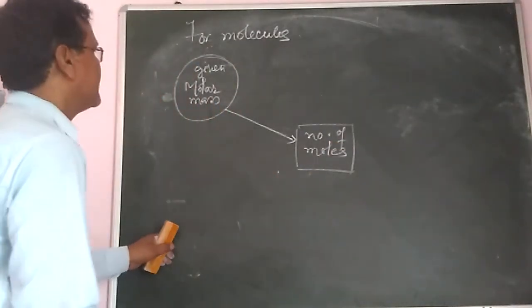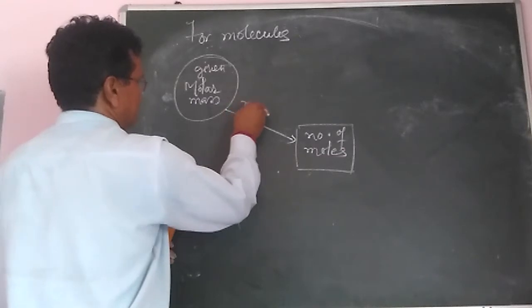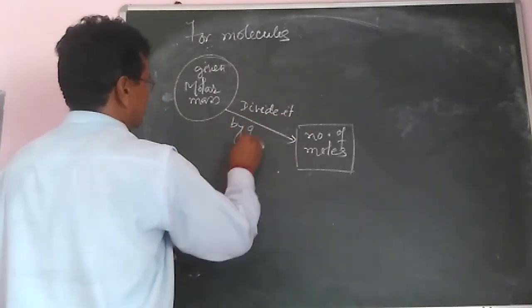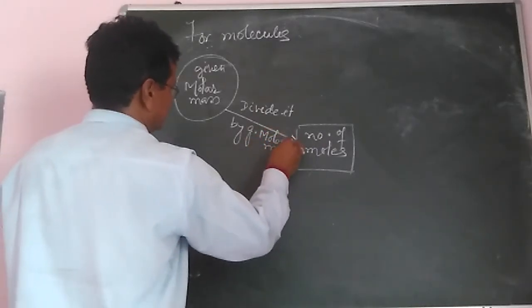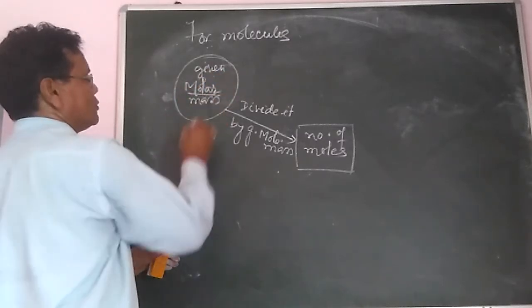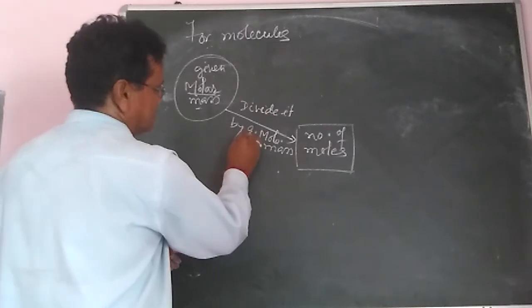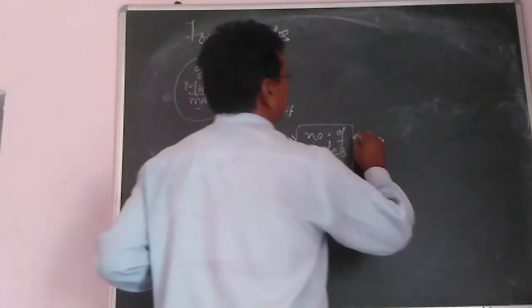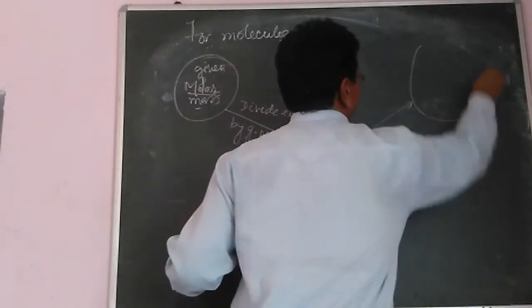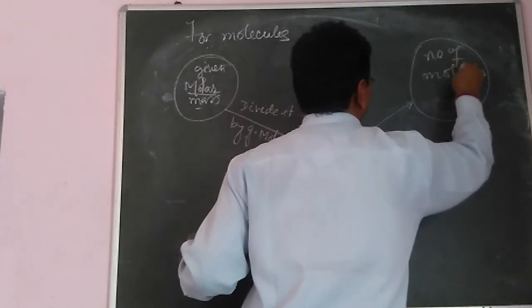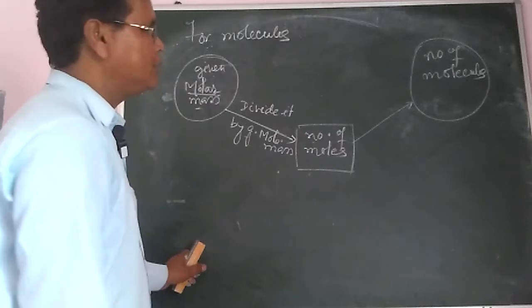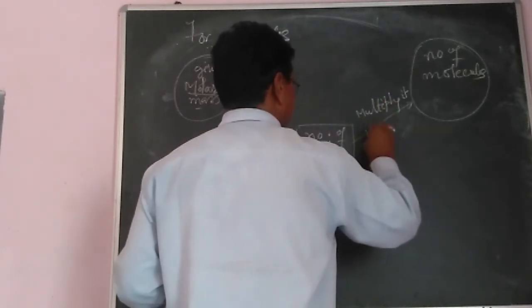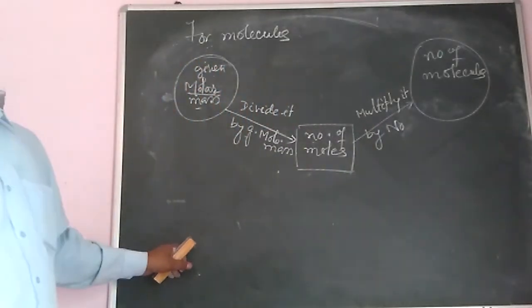Then the given mass is divided by the gram molecular mass of the molecule, and you will get the number of moles. Again, if you have to find the number of molecules from moles, you will have to multiply it by N0. Then you will get the number of molecules.